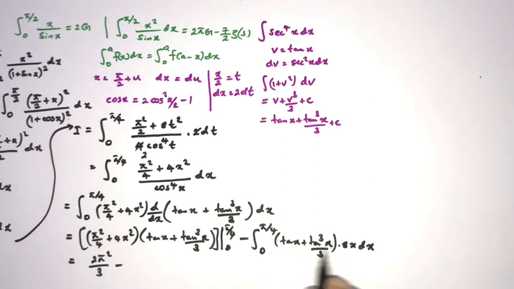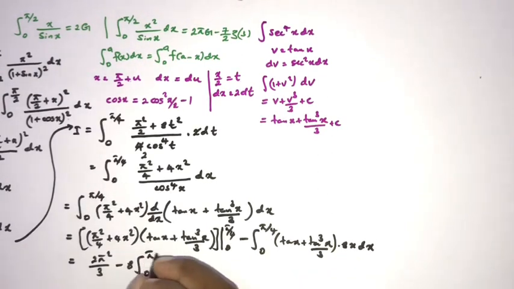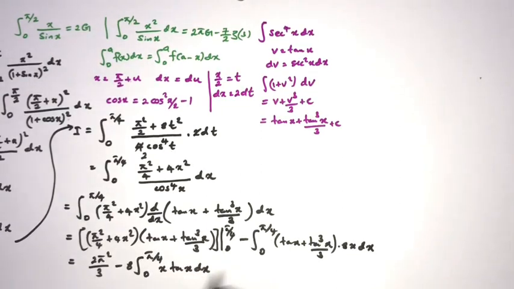Now we can split this integral into different integrals after multiplication, so we can write here minus 8 times the integral from 0 to π/4 of x tan x dx, and again minus 8 over 3, minus 8 over 3 times the integral from 0 to π/4 of x tan³x dx.